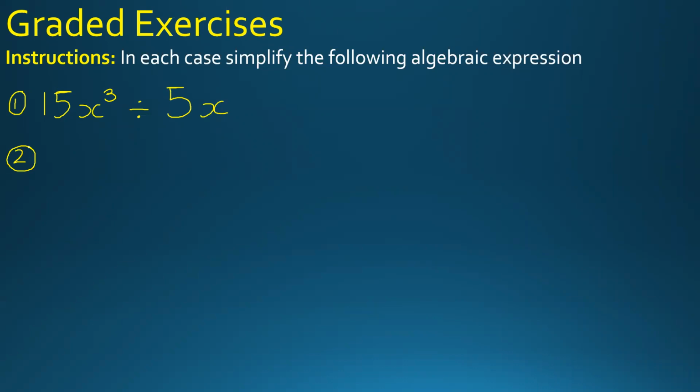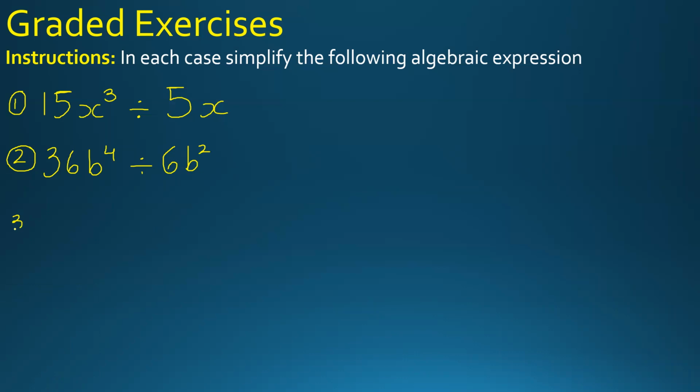Let's say 36 b to the power of 4 divided by 3. No, I'm not going to do that. That's not fair. Let me just do 6 divided by 6b to the power of 2.